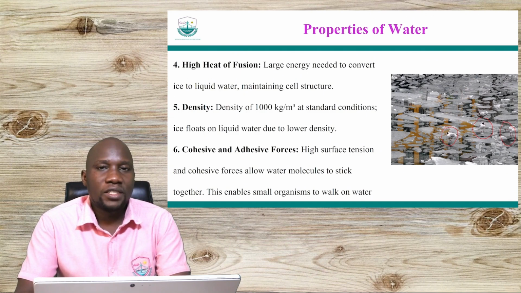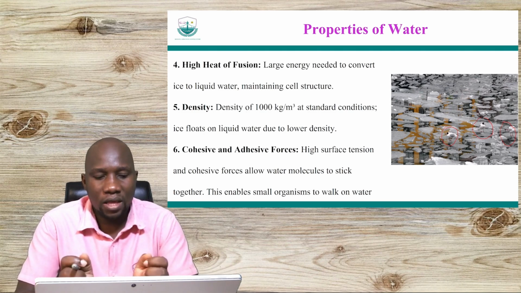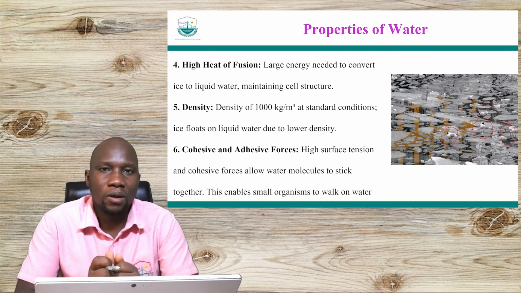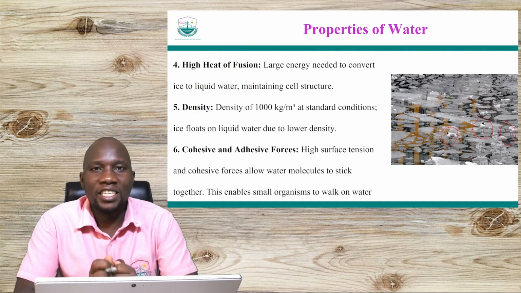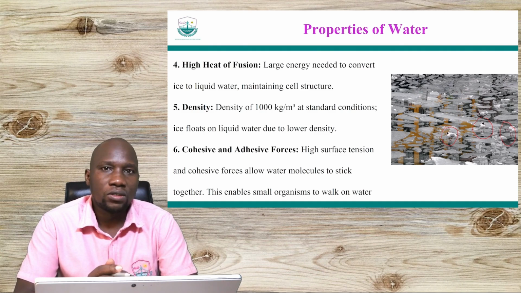And then we move to the next point, that water has cohesive and adhesive forces. And this basically relates to having high surface tension. So water behaves in a way that the molecules are strongly attracted to one another. So it's like an elastic skin because of the bonds of attraction, the forces of attraction.